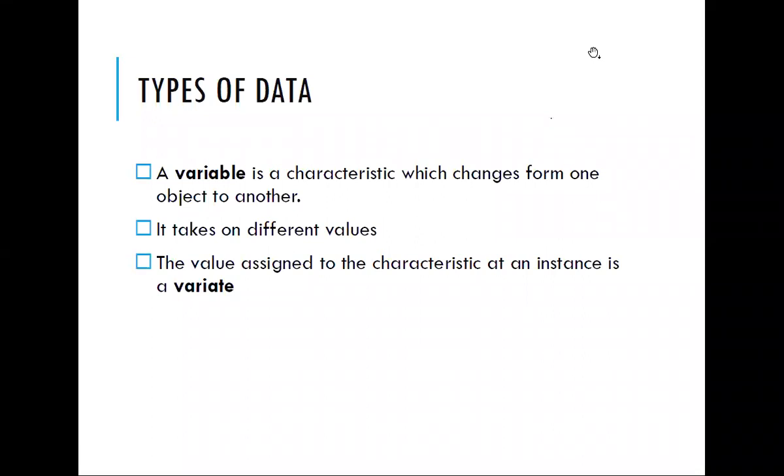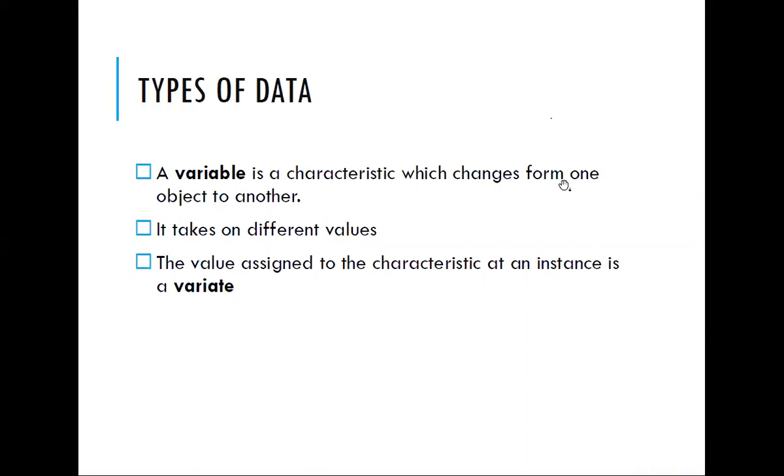It takes different values depending on who is responding or what is being measured. The answers you are providing also have a technical name. We refer to them as variates. So when you provide a particular answer, we say it's a variate. What you refer to as data, but it's a variate.